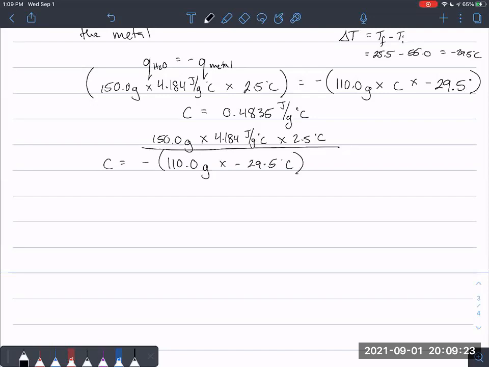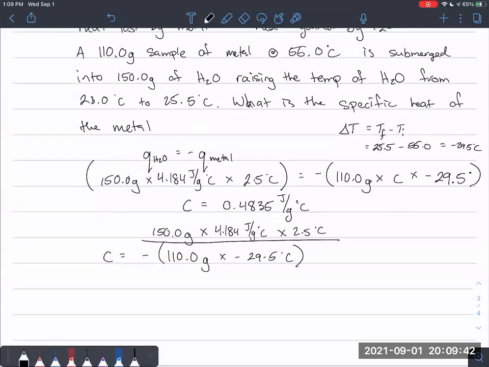Other questions? Yeah, Professor Carlson. For the specific heat of the substance, how would we find that? I mean, the 4.184 joules per gram, how would we find that one?